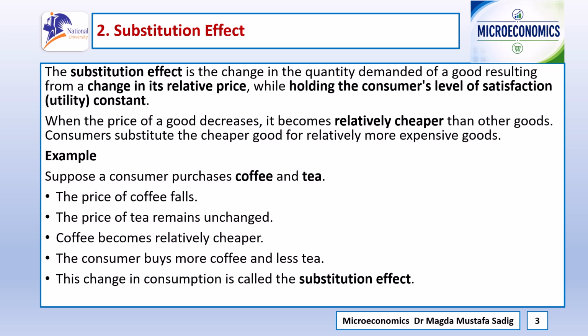This idea explains much of our everyday shopping behavior. When one supermarket offers a discount, many customers switch to that store. When one smartphone brand lowers its price, consumers may switch brands. Whenever relative prices change, substitution occurs.